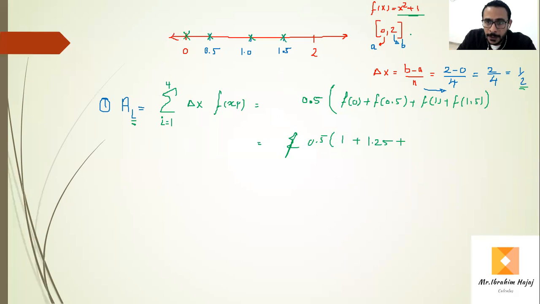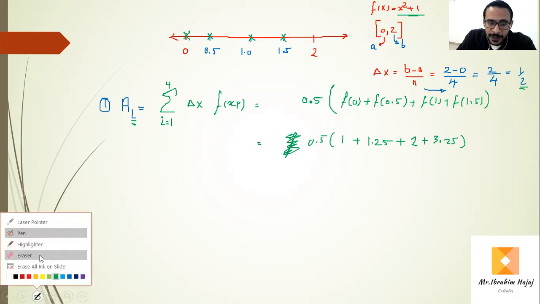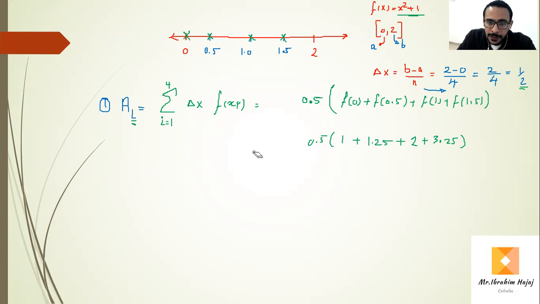Work with me, guys. It's 2. Then plus 1.5 squared plus 1 is going to give us 2.25 plus 1, which is 3.25. Multiply your answer by 0.5, meaning take the half of the sum. Add first and then take the half of the sum to find the area by using the left endpoint rule.